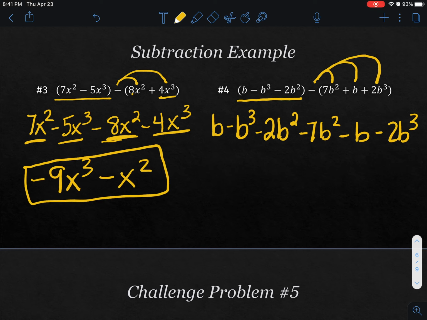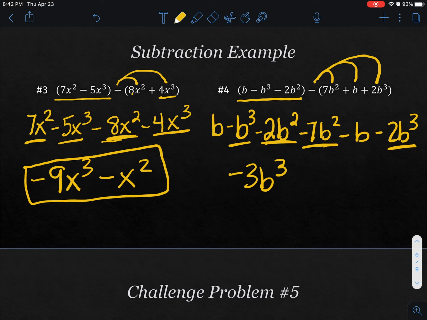So now we're going to combine like terms. I start with the terms that have the largest degree. So the ones that have a degree of 3. So negative b cubed and negative 2b cubed would give me negative 3b cubed. Then I can do my degree of 2.